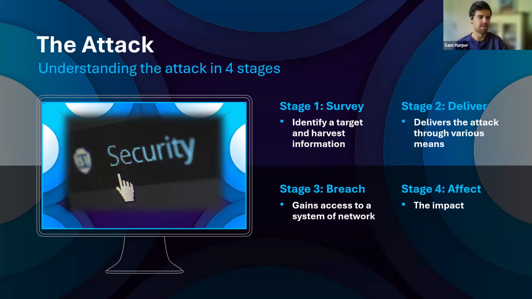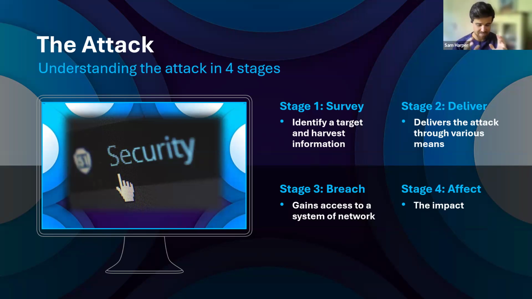Now they will access the system or network, and that can lead to theft of sensitive data, disruption of services, installation of malware, and then that finally ties in with stage 4, the effect. So what effect is it having on the victim? It can be wide-ranging, including financial loss, data theft, reputational damage, psychological harm.